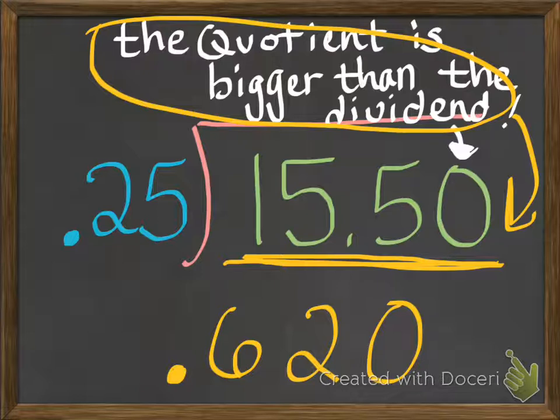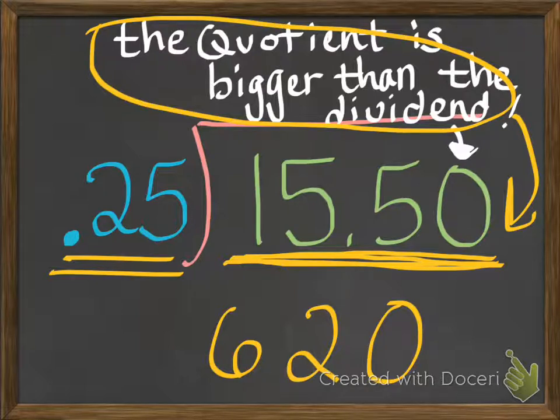So my decimal point can't go there. If I put my decimal point between the 6 and the 2, well, that's 6.2. That's almost 6, which is still smaller than the dividend. My answer is going to actually be bigger than the dividend this time because this divisor is less than 1. Okay, so my decimal point can't go there either.